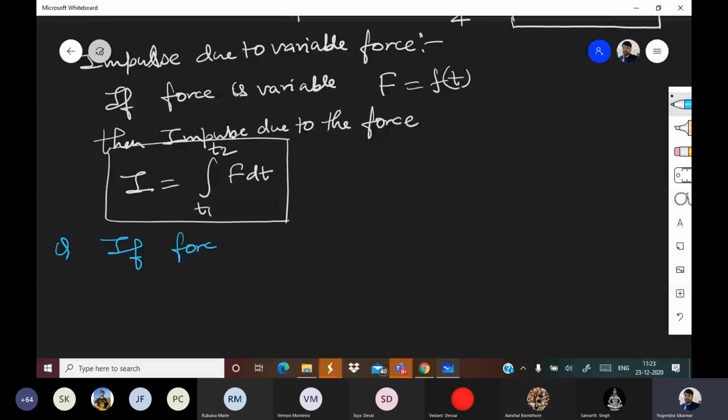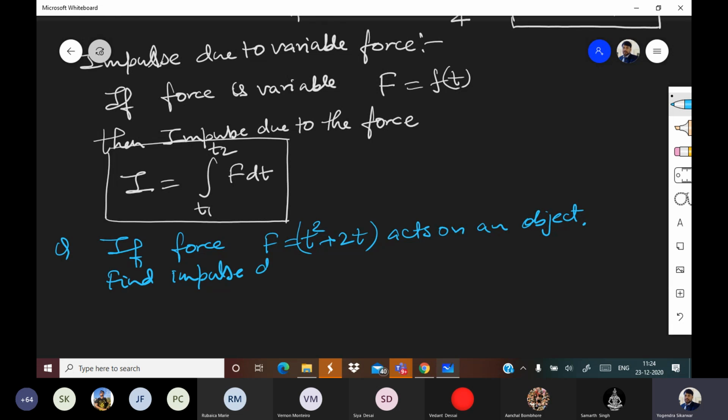If force F is equal to t square plus 2t acts on an object, find the impulse due to the force during 0 to 5 seconds.